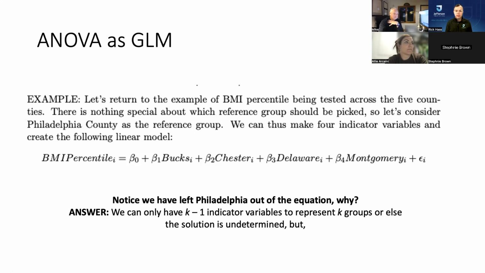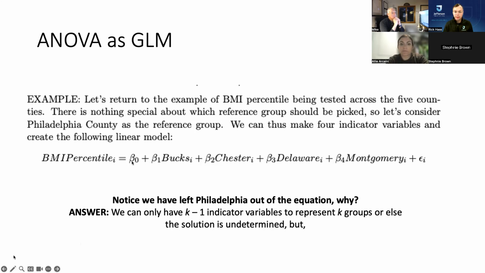We can't include it in this particular version, or else our solution is what we call underdetermined, meaning the results won't converge. It has to do with matrix algebra and all of that. But it's also not necessary. You don't need it because, remember, it's analogous to what we had with hospital A versus hospital B. One of the parameters does represent your reference group.